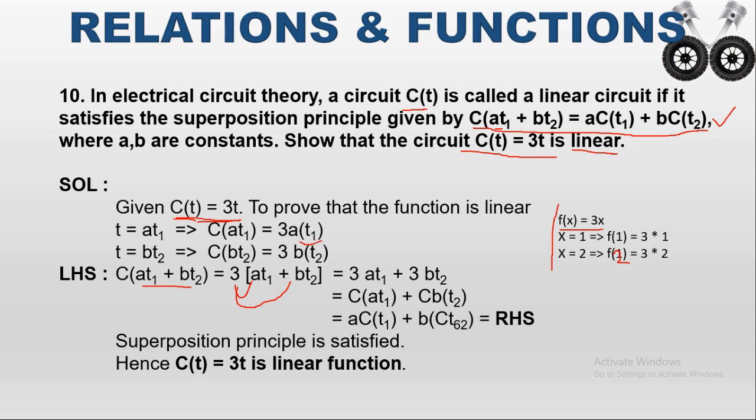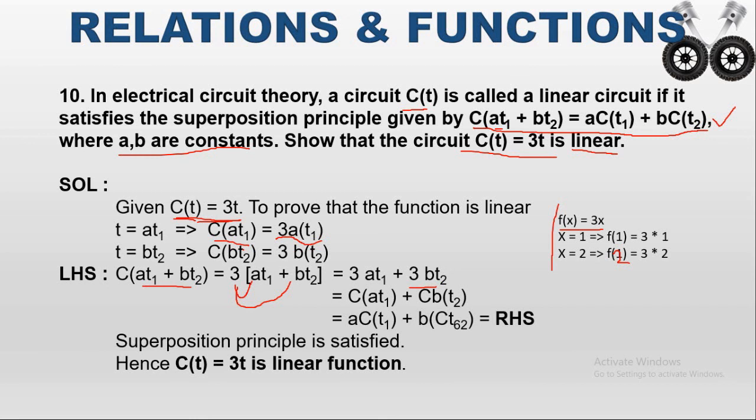What is the value for 3 into at1? It is C of at1. So instead of 3 into at1, I can write C of at1. Next, what is the value for 3 into bt2? It is C of bt2. So instead of 3 into bt2, I can write C of bt2. Already they have given that a and b are constants, so I can take the constants outside.